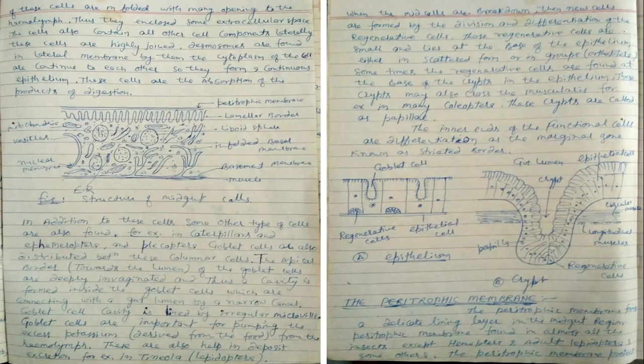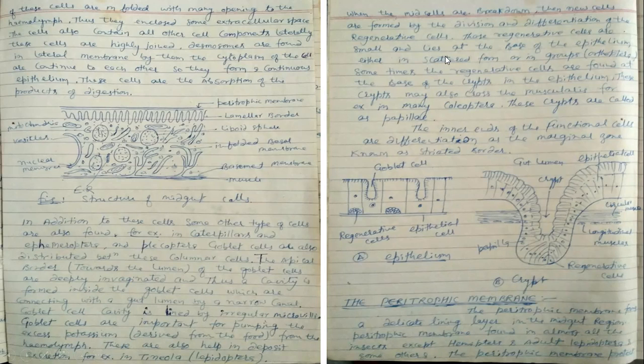The goblet cell cavity is lined by irregular microvilli. Goblet cells are important for pumping the excess potassium derived from the food from the hemolymph. They also help in excretion, for example in Tenebrio and Lepidoptera.